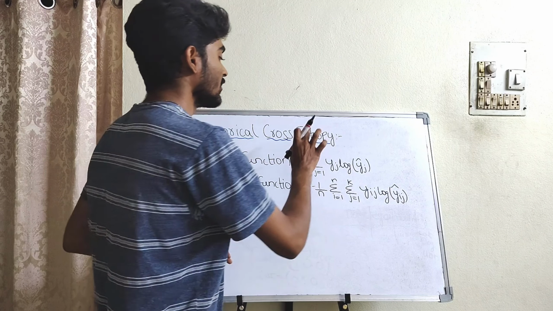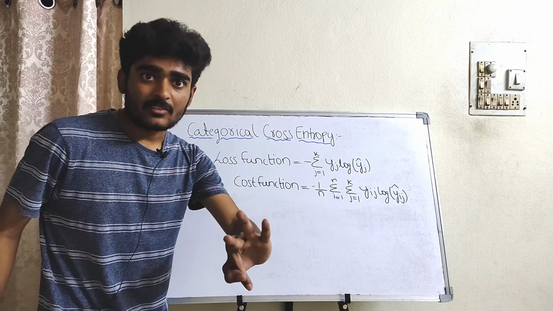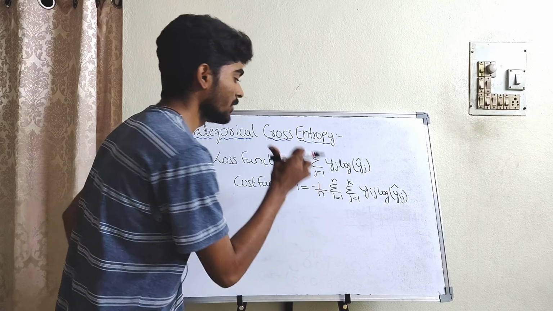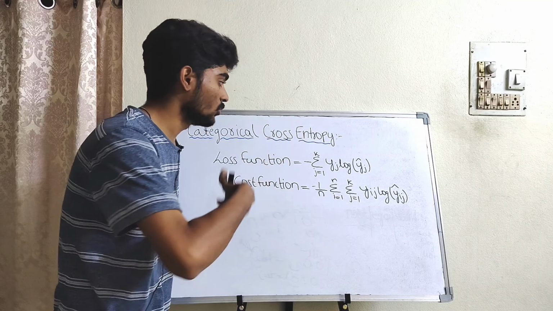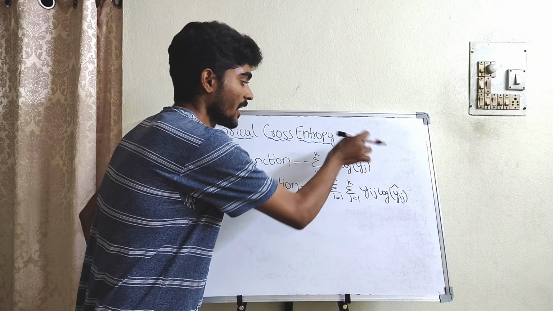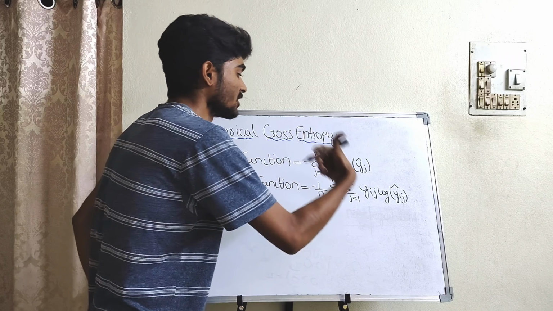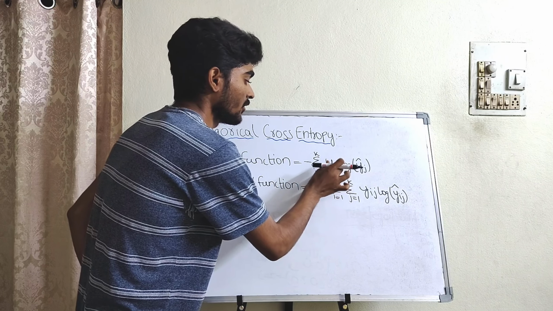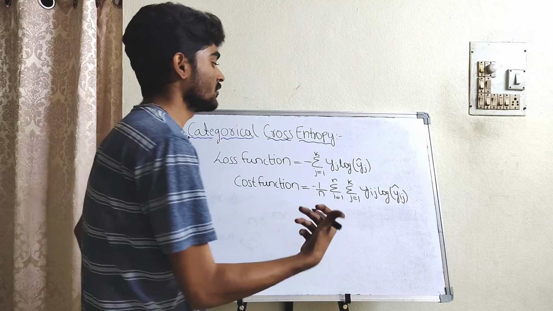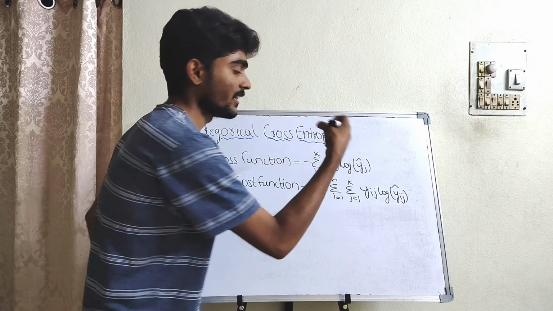Now if suppose you have three classes in your dataset, then j will be running from 1 to 3, that is j is equal to 1 to 3. y1 log y1 hat is the first term, the next term will be y2 log y2 hat, and the next term will be y3 log y3 hat.